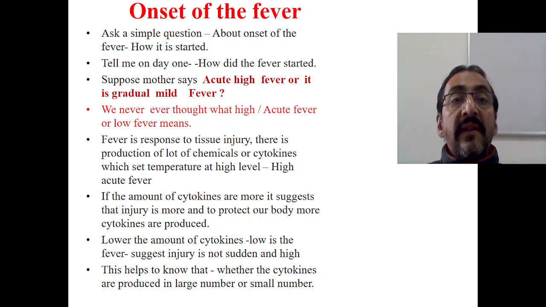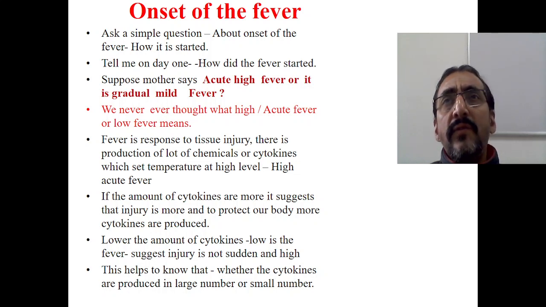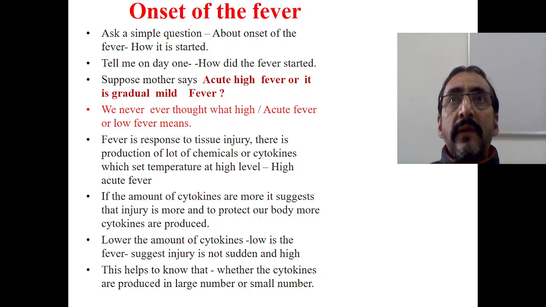Suppose the mother says it was very acute, suddenly, the child was playing 1 hour back, but suddenly the child started with a fever, then definitely it is of acute onset. If the mother says that from the last 1 day the child was feeling a little sick, not so active, but this morning he has got some feverish feeling, I thought there may be fever, but it was just feverish, but from today he has got actual fever, then it is gradual onset.